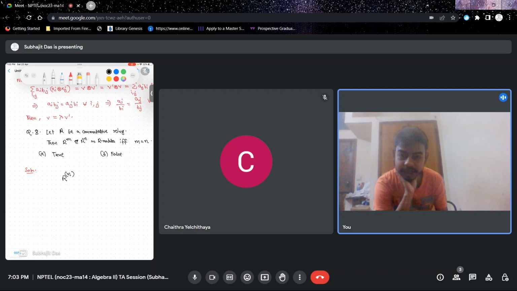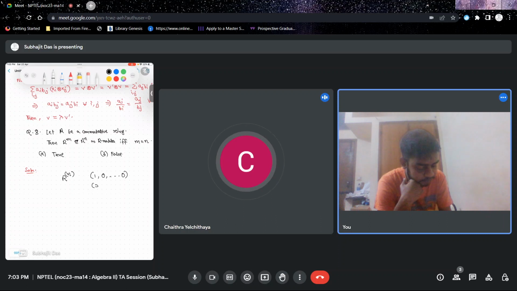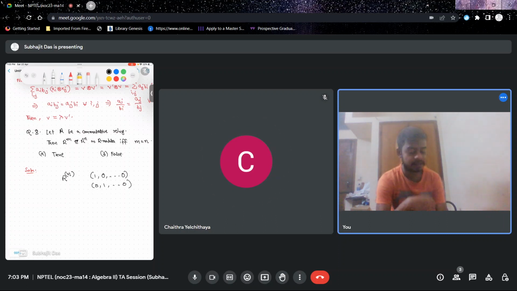Can you understand that this is an R module, right? And it has a basis, right? Namely this element. Exactly, the canonical basis. So even though it's not a vector space, you can still make sense of basis here. So these elements form a basis for R^n over R, right?